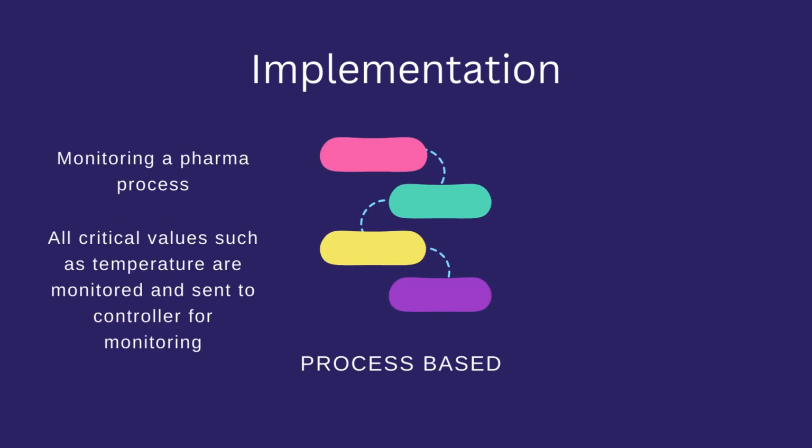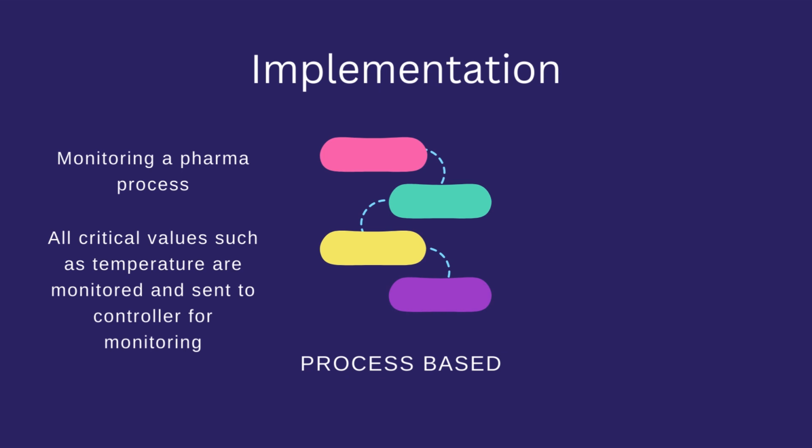Process based. Process-based monitoring means monitoring a process that directly impacts the product or manufacturing. Examples include packaging operation or washing containers. In this application, all critical values are measured and sent to a remote controller to monitor and detect errors or faults.